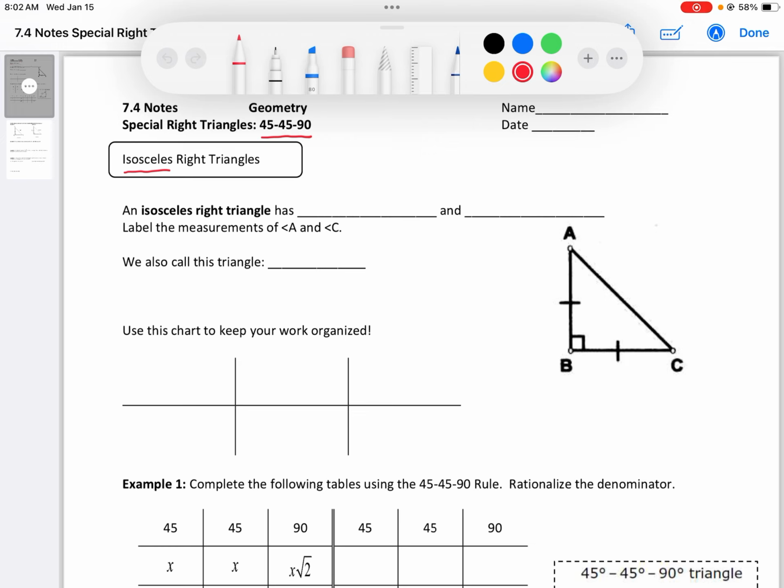So an isosceles right triangle has two equal sides and two equal, specifically 45-degree angles. And we can't forget that it has one 90-degree angle. Okay, so we can also call this triangle an isosceles right triangle.